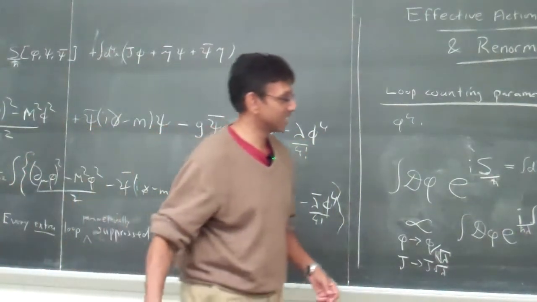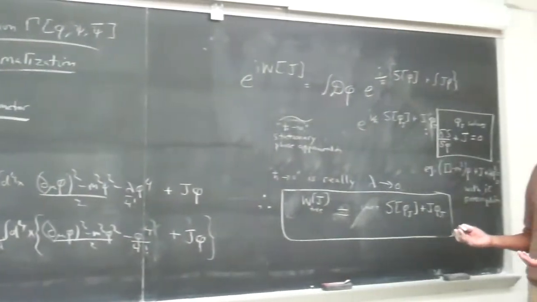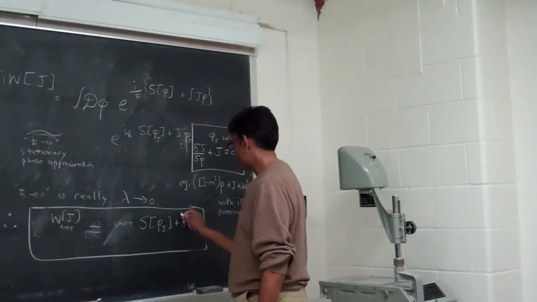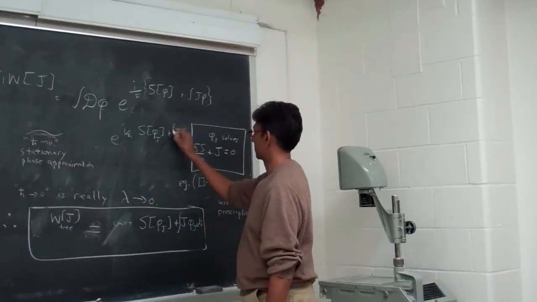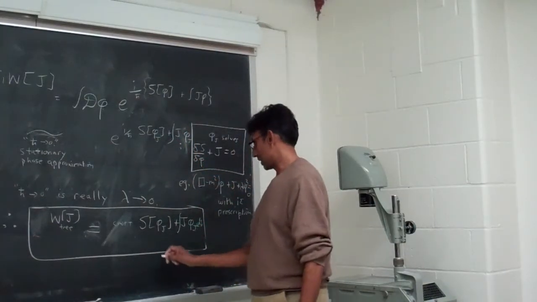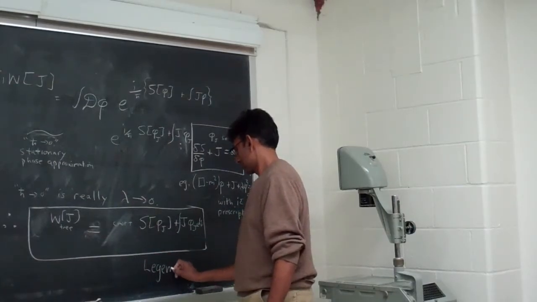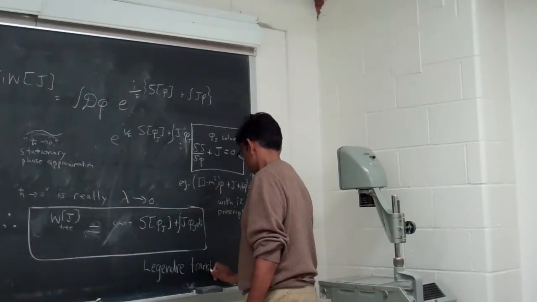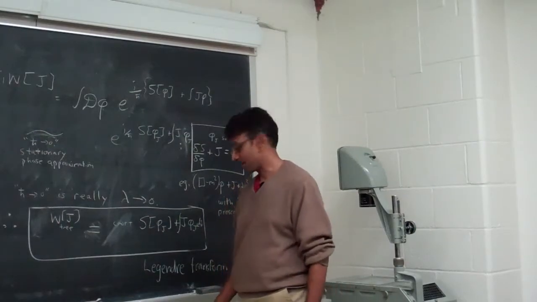So look, this is a beautiful functional way. Notice, oh, I should have put the integral d^4x, of course. This looks like a Legendre transform. And in fact it is.